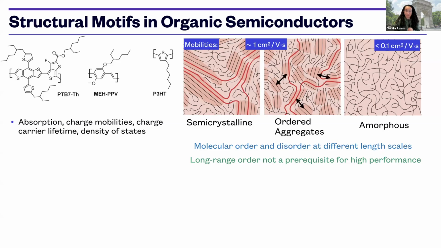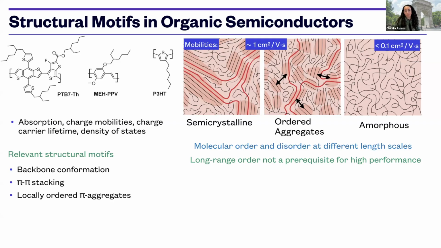Depending on the spacing of these ordered aggregates, you can still achieve mobilities on the same order as quite crystalline systems in this class of materials, right? So the relevant structural motifs that we care about: backbone conformation, pi-pi stacking, locally ordered pi aggregates.